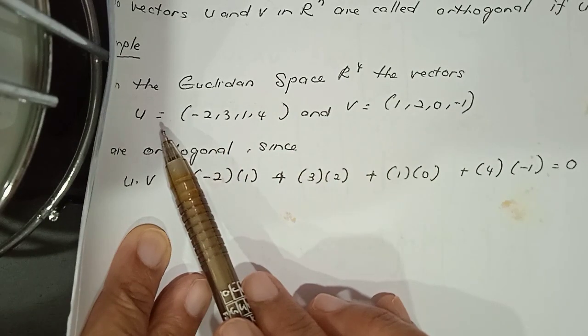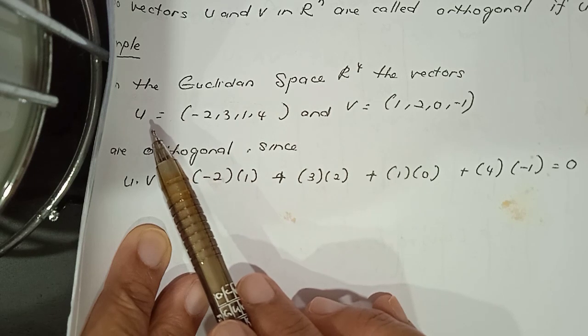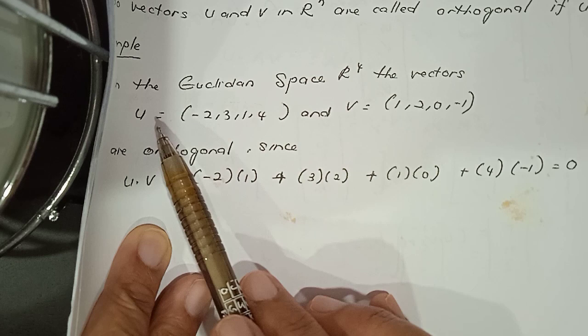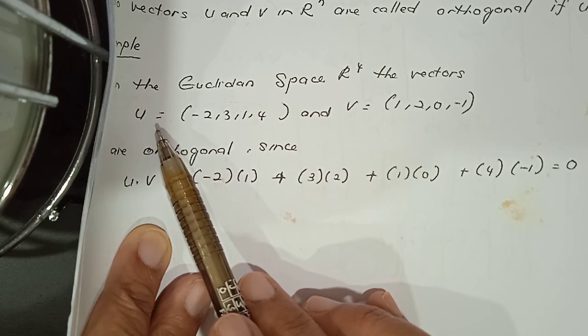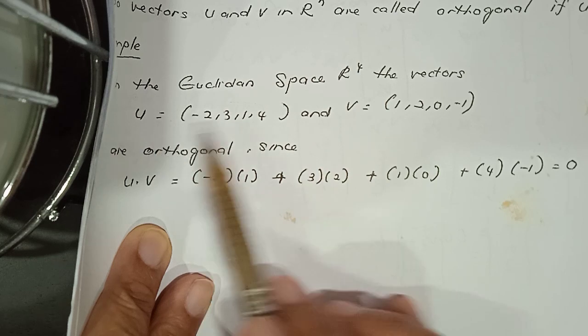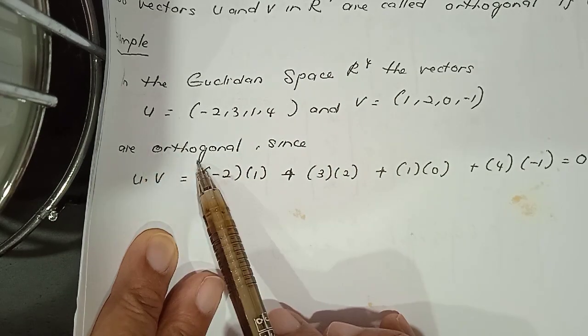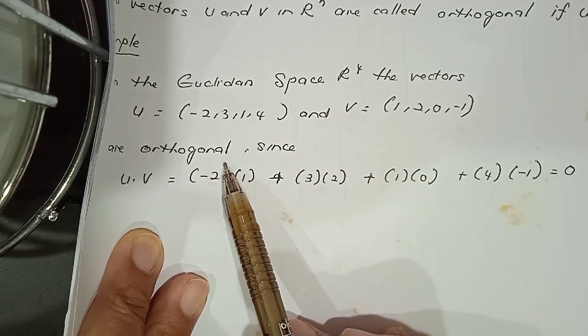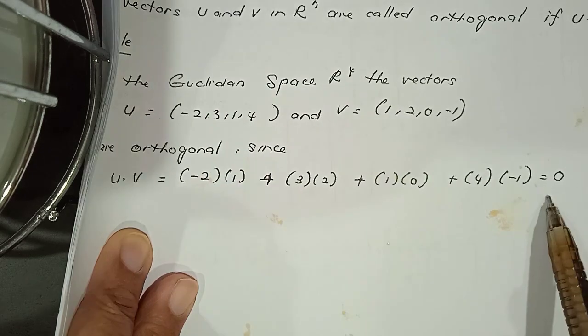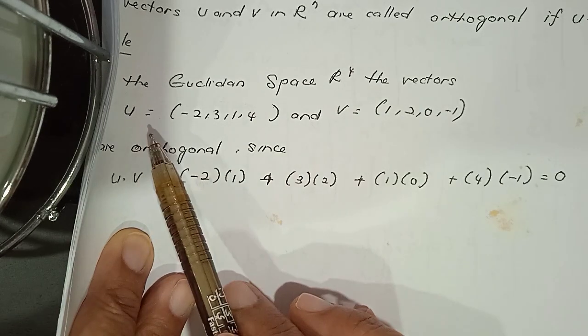If we want to check whether two given vectors are orthogonal, we check whether u dot v, the inner product of u and v, is 0 or not. If it is 0, then the two vectors are said to be orthogonal to each other. Here u dot v is 0, so u and v are orthogonal.